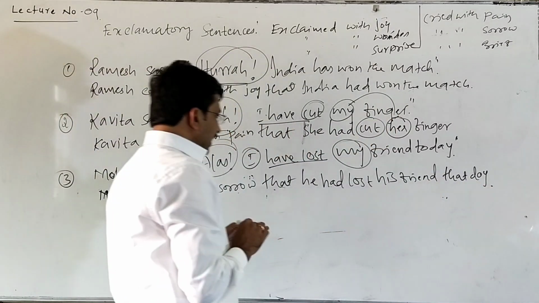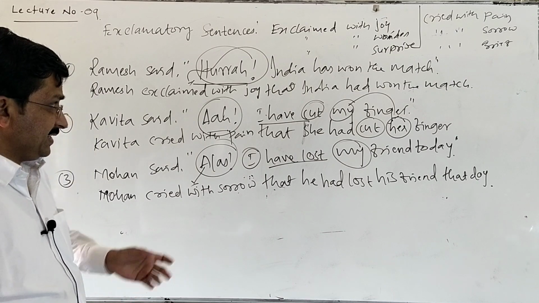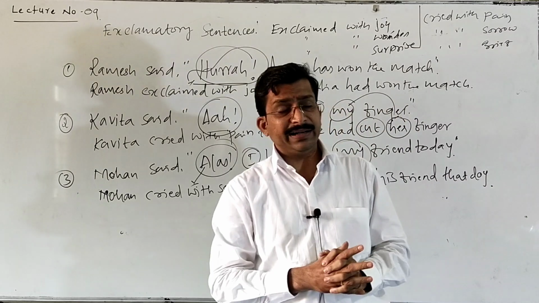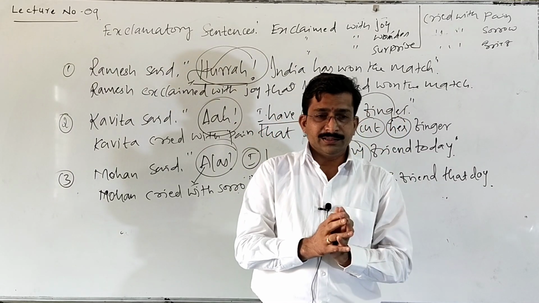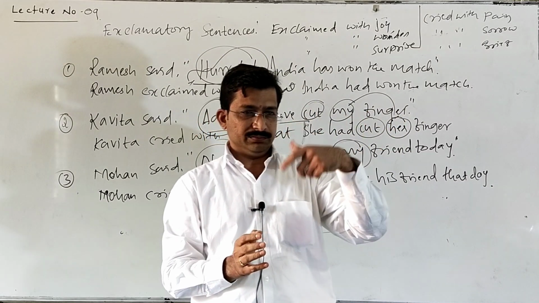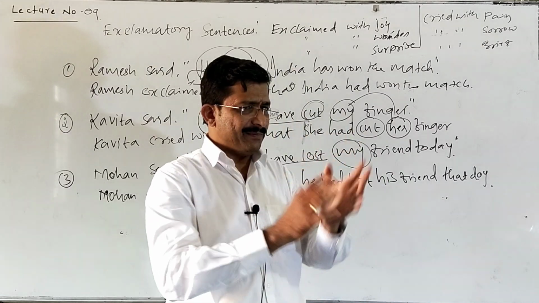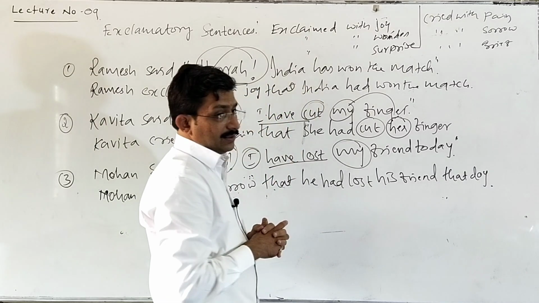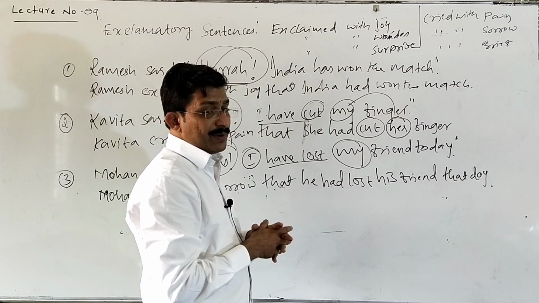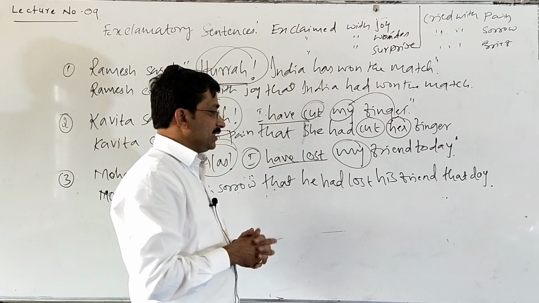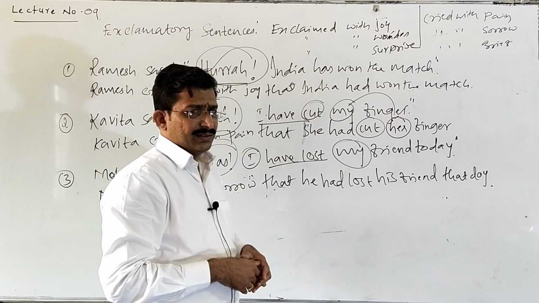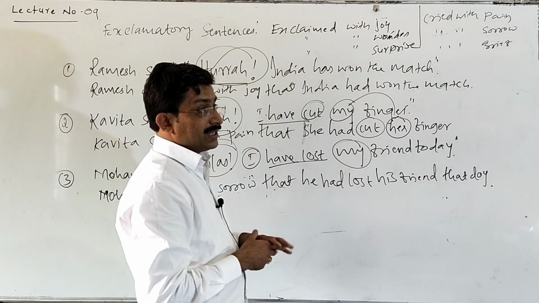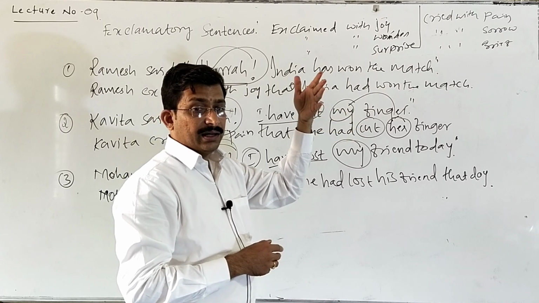Here we discussed in detail exclamatory sentences. These four or five examples are sufficient to understand how to change the given direct into indirect, because we already have first-hand knowledge of assertive sentences. It's the same. The thing is that we have to change the reporting verb according to the sense or context of the statement within the inverted commas. If the statement expresses wonder, joy or surprise, exclaimed with wonder, joy or surprise.